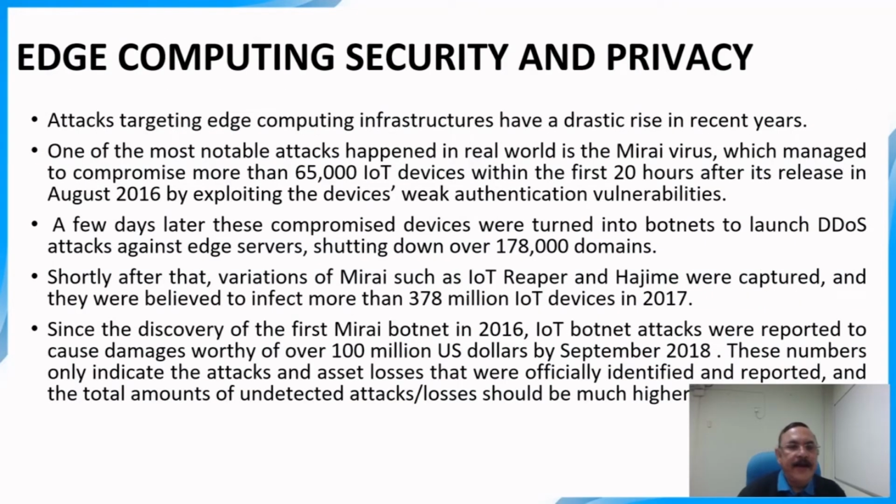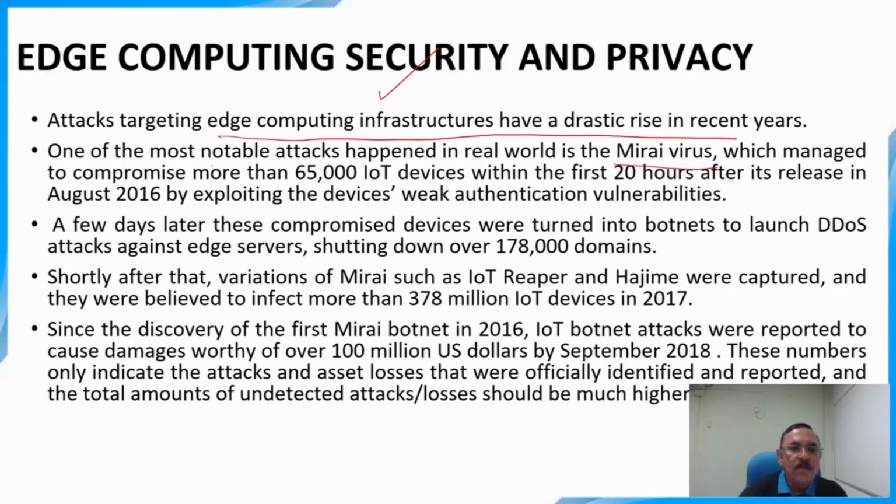So, let us go inside with this understanding of edge computing security and privacy. Attacks targeting the edge computing infrastructure have risen drastically in recent years. One of the most notable attacks that happened in the real world is the Mirai attack, the Mirai virus.